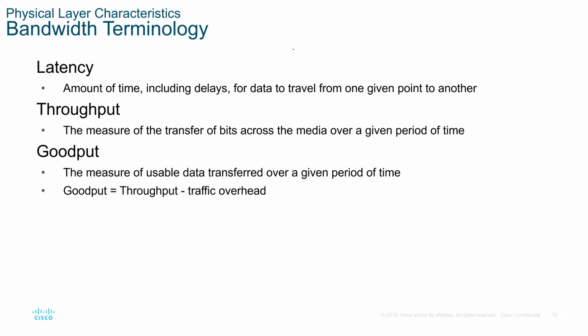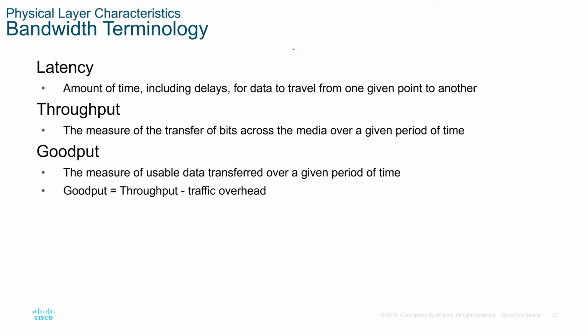So the actual data could be a very small amount of the total throughput. The data that we are trying to send is referred to as the goodput, and that is the measure of usable data transferred over a given period of time.